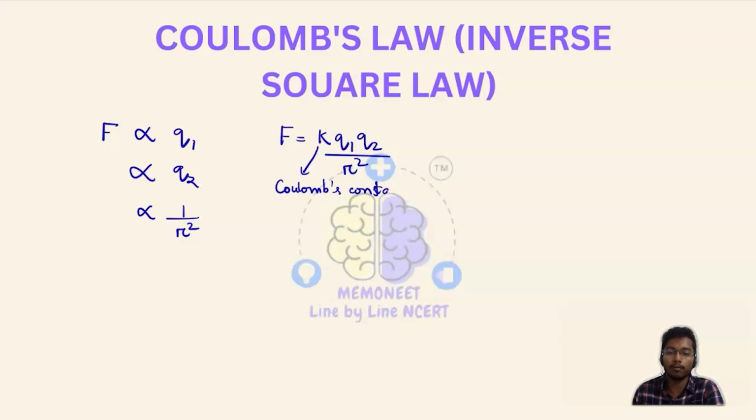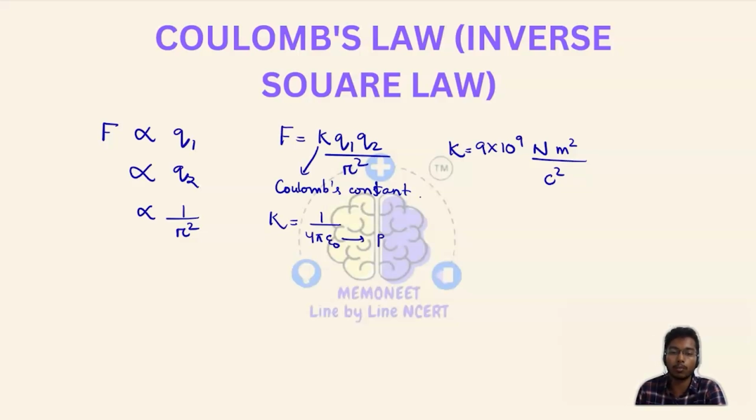We have the value of k equal to 9 into 10 to the power 9 Newton meter square upon Coulomb square. So what is k? k is equal to 1 upon 4 pi epsilon naught.